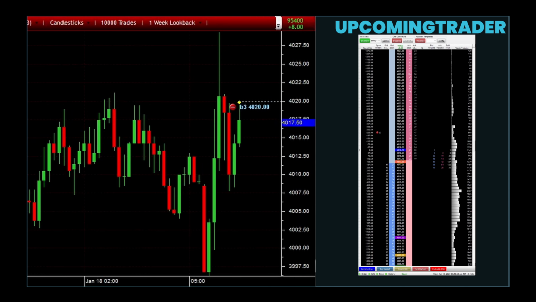A break below the support level with high volume confirms the bearish sentiment, often leading to a significant downward move. The relationship between price and volume here is key, as a lack of volume during the breakdown can indicate a potential false move or fake out, where the price quickly reverses direction after breaking support.